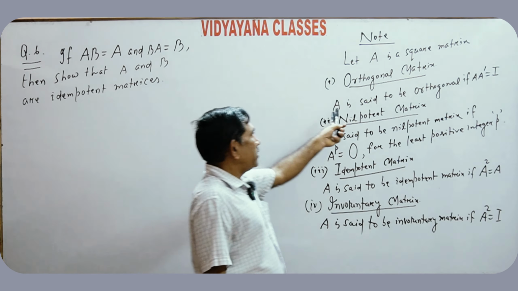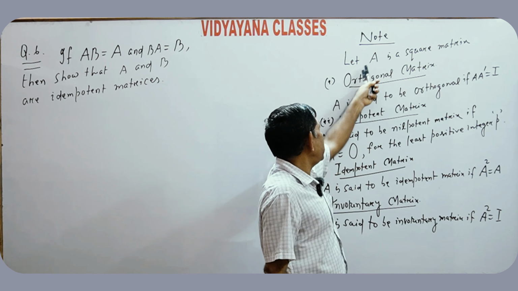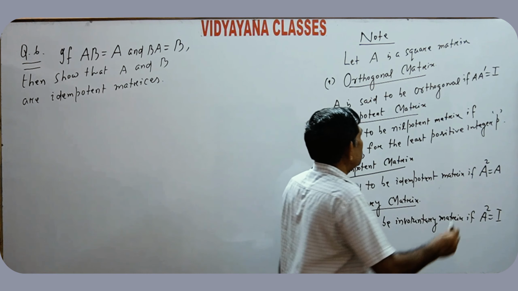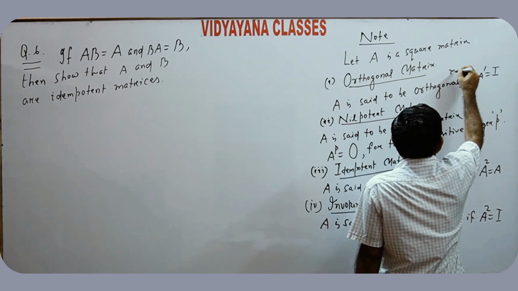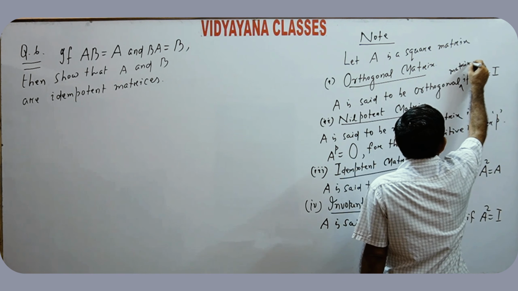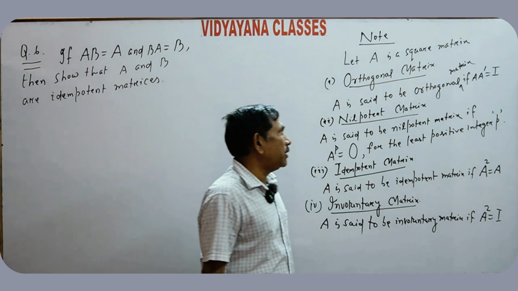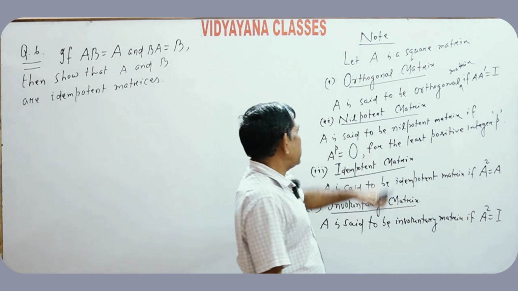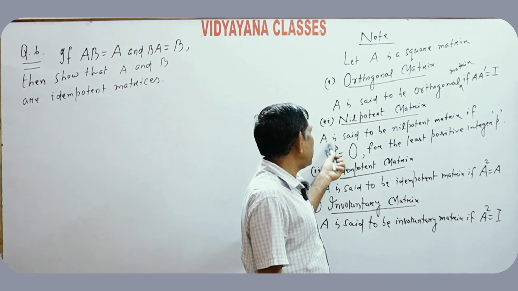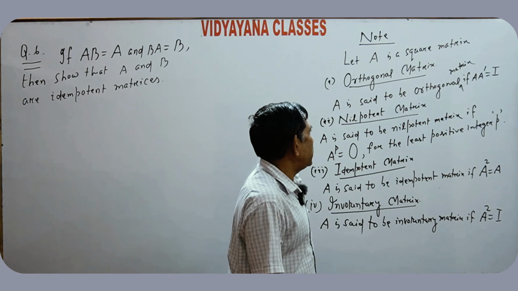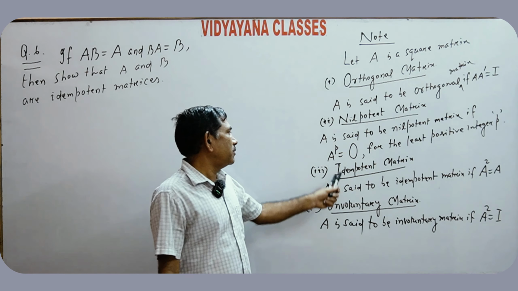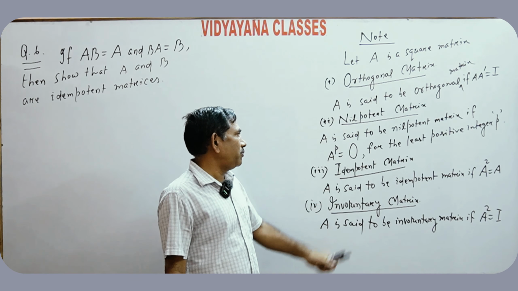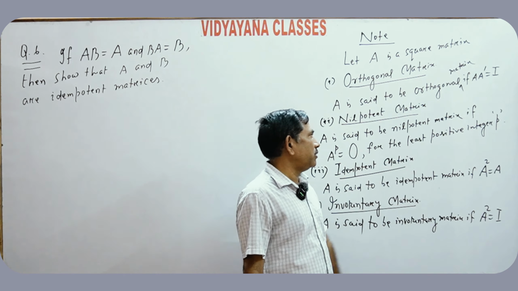First, orthogonal matrix: the square matrix capital A is said to be orthogonal if A into A transpose is equal to the unit matrix. Nilpotent matrix: the square matrix capital A is said to be nilpotent if A to the p is equal to the zero matrix for the least positive integer p.